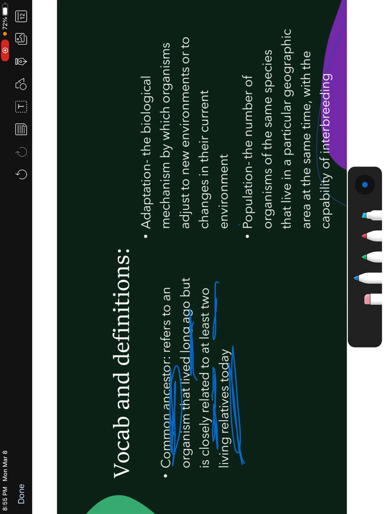Adaptation is the biological mechanism by which organisms adjust to new environments or to changes in their current environments. An adaptation is something that can happen to an individual.